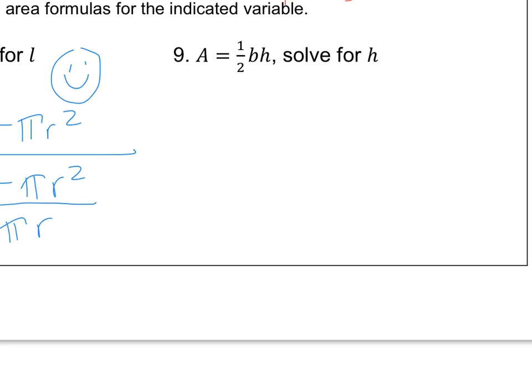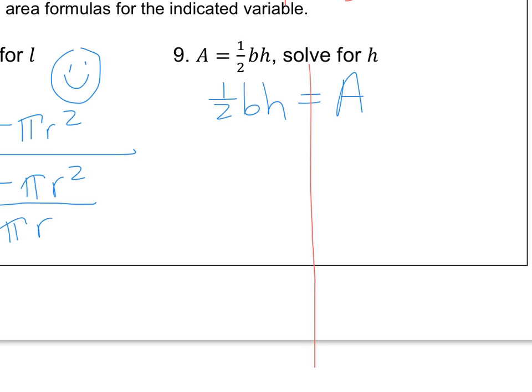Okay, now we've got the area of the triangle. Again, we're solving for h. Our h is on the right-hand side, so I'm just going to switch both sides before we start. I'm going to rewrite this as 1/2 BH equals A. Okay, so start our equation. Draw a line down the middle, define our space.